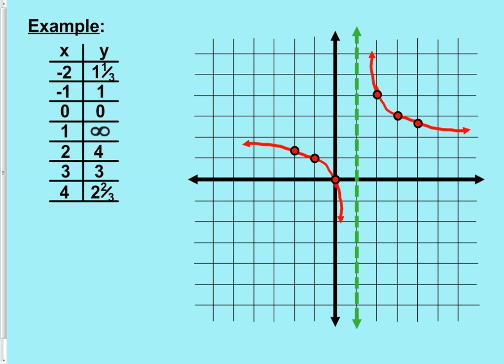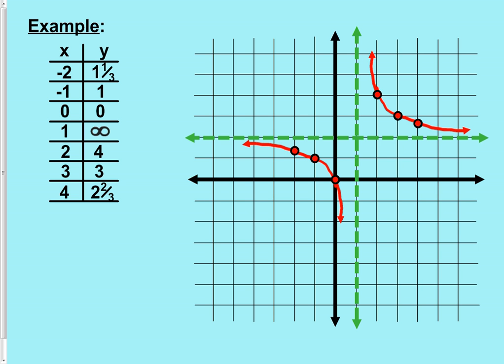Now, by conducting some basic common sense calculations, we ought to be able to surmise that the horizontal asymptote would have to follow the line y equals 2. Keep in mind, the 2 legs of the hyperbola that we're looking at have to be equidistant from both of the asymptotes because of that reciprocal relationship between x and y.